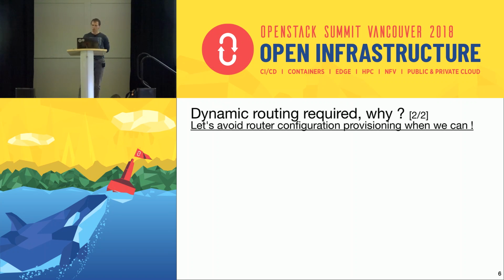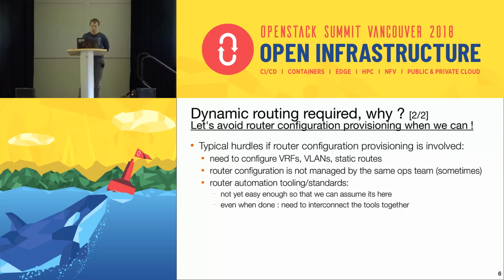Then there's another reason why we like dynamic routing. In many contexts, we need to interconnect our OpenStack platforms to some WAN network. And we have typical drawbacks when we have to interact with the configuration of routers, what we call provisioning. We need to configure different things on a router: VRFs, which are the VPN configurations, VLANs, static routes.